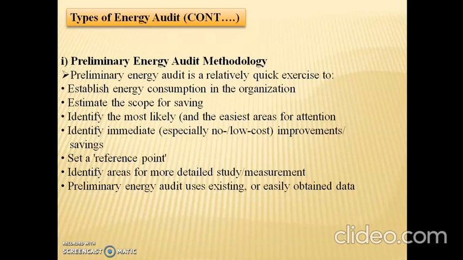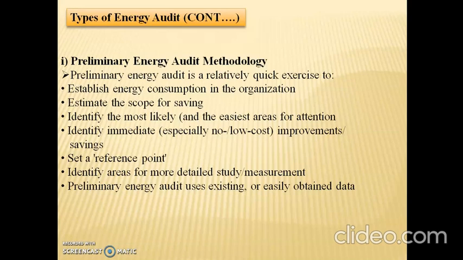Of course, for that they refer to the electricity bill. The second is to estimate the scope for saving. From that, of course, with the auditor's experience and while talking with some managers in the industry, they estimate the scope for saving.